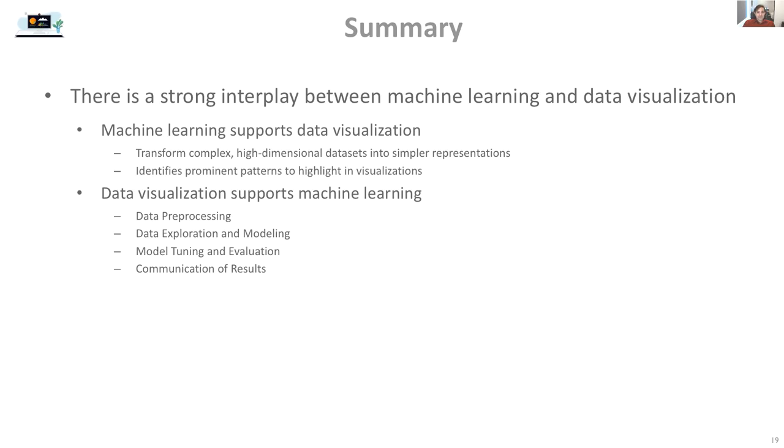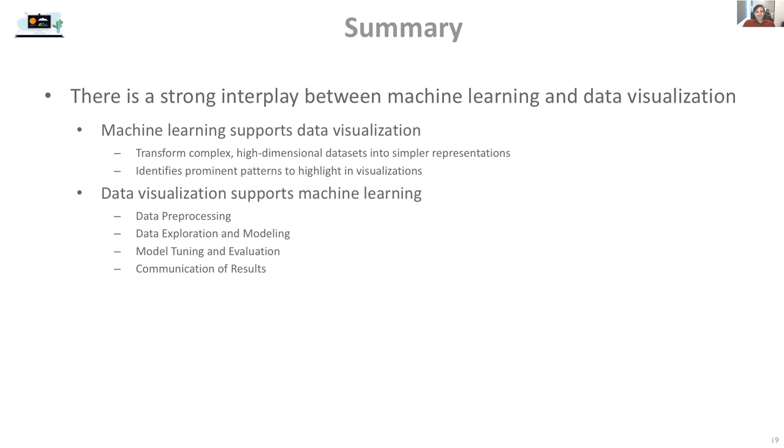To summarize this lecture, there is a strong interplay between machine learning and data visualization. Machine learning facilitates complex and high-dimensional visualizations and identifies prominent patterns to highlight in such visualizations. And data visualization supports machine learning. In almost every step of a machine learning project, visualization comes into play and has a significant role.